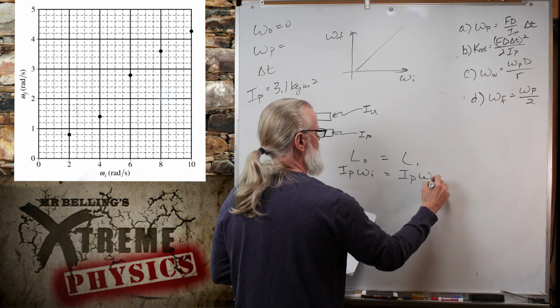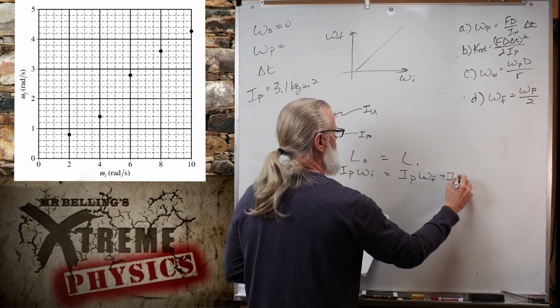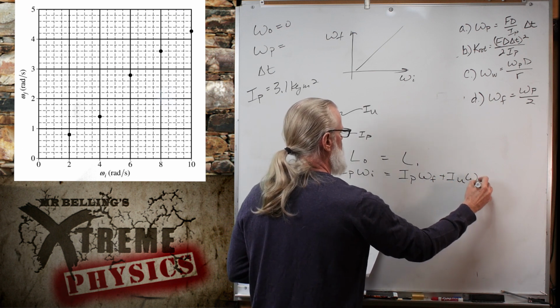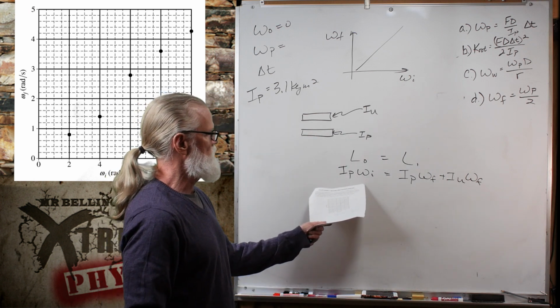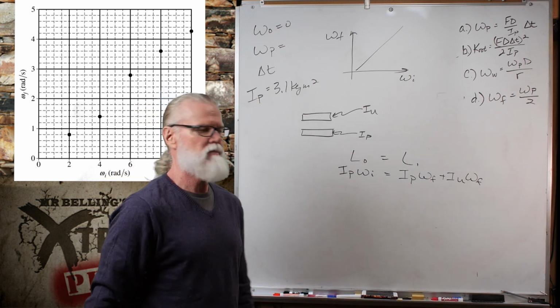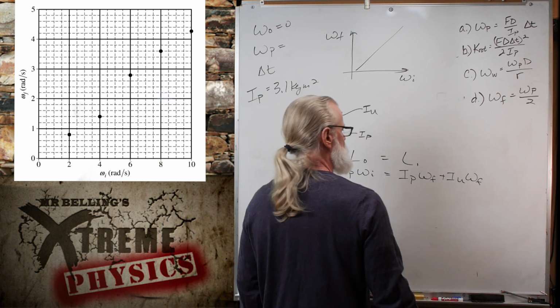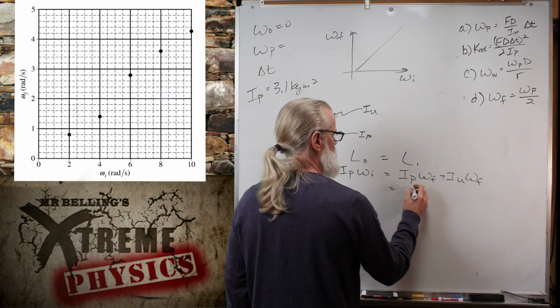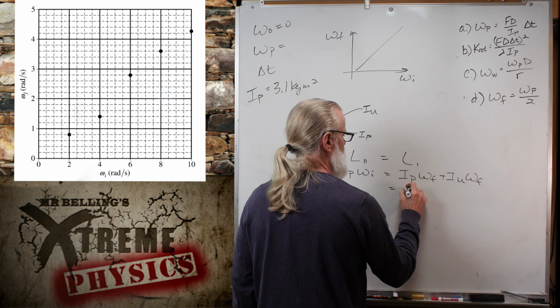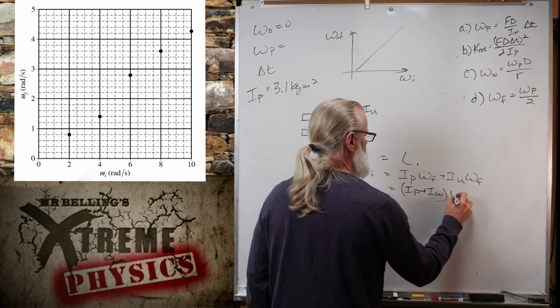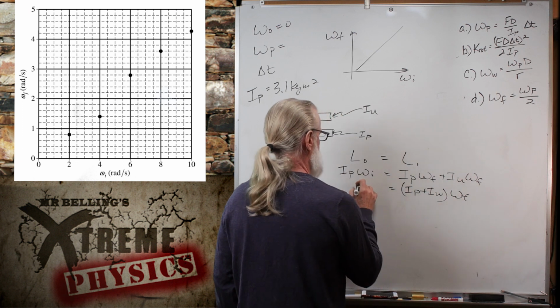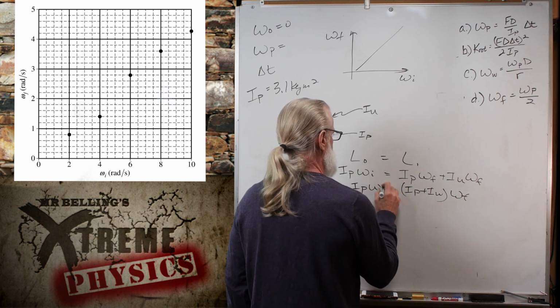IP omega final plus I unknown omega final. So angular momentum before equals angular momentum afterwards. Of course, we could just simplify this and factor out the omega. So we get IP plus IU times omega final equals IP omega initial.